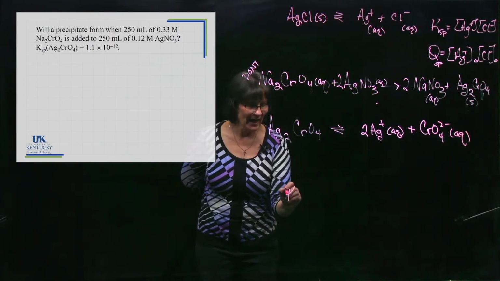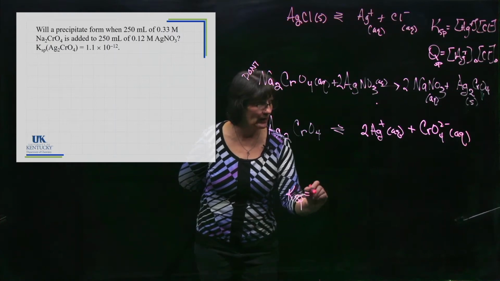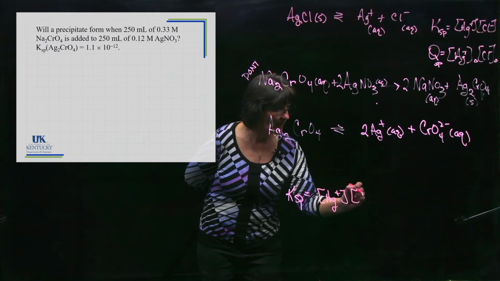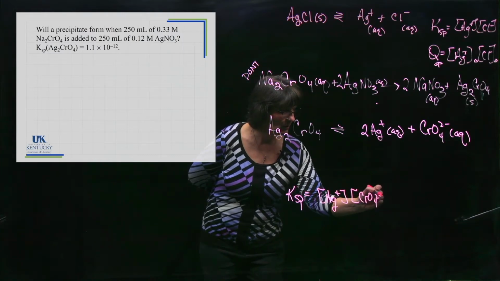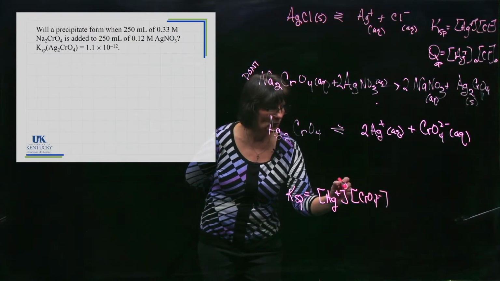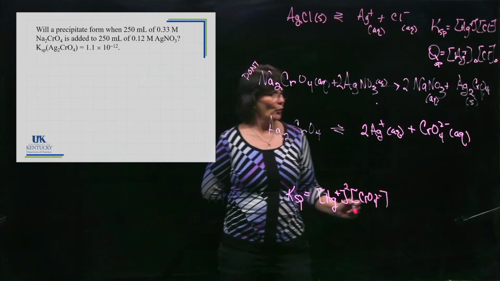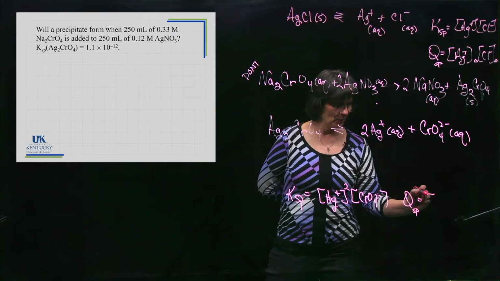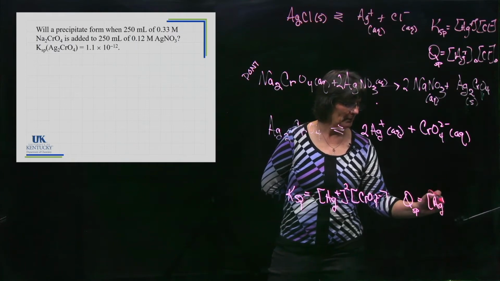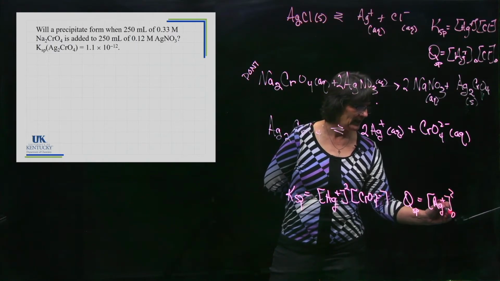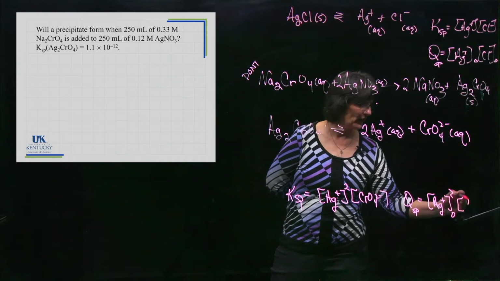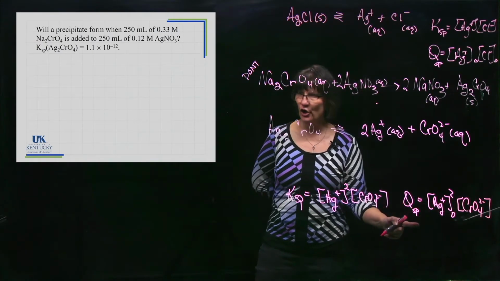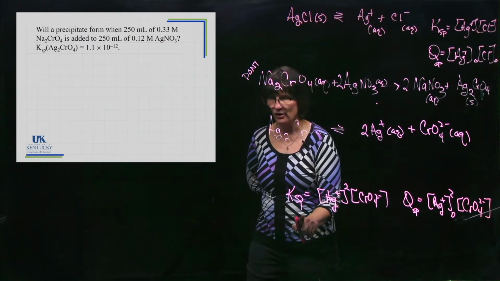And we know the KSP would be written silver's concentration times chromate's concentration, but this is going to be squared. We know Q has exactly the same look, but we're not putting in equilibrium amounts, we're putting in initial amounts. Where are we before the reaction has a chance to take place? We're going to determine this and decide how it compares to this.